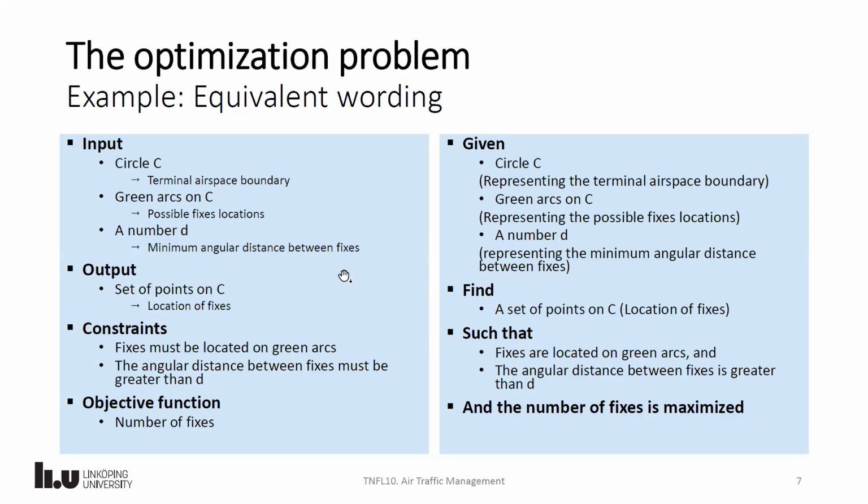You can choose whatever you are more comfortable with. I personally like this one better because it feels more natural: given, find, such that. But this other one is more schematic. It describes better what's inside those bins. Either of those is perfectly fine.